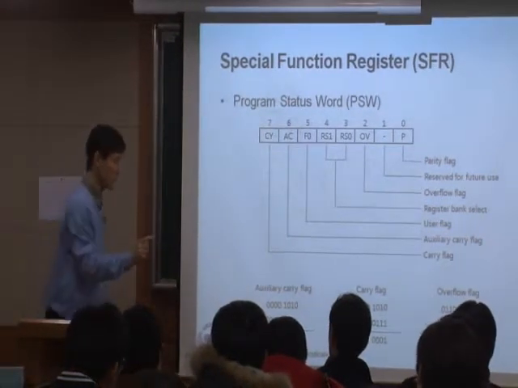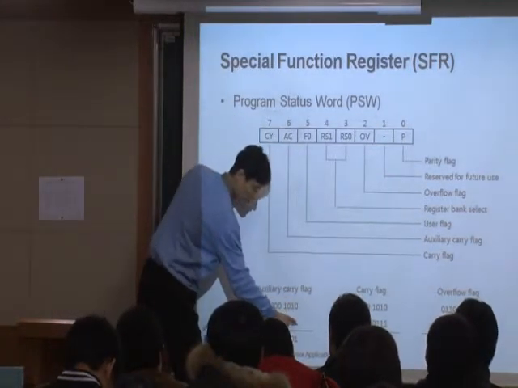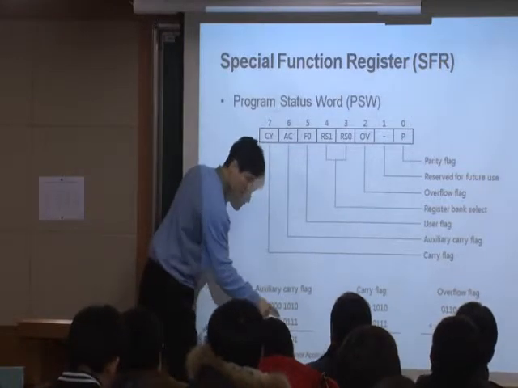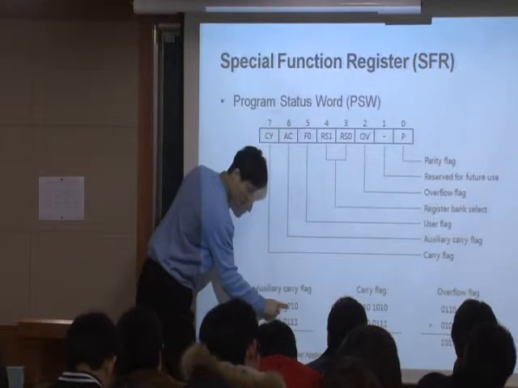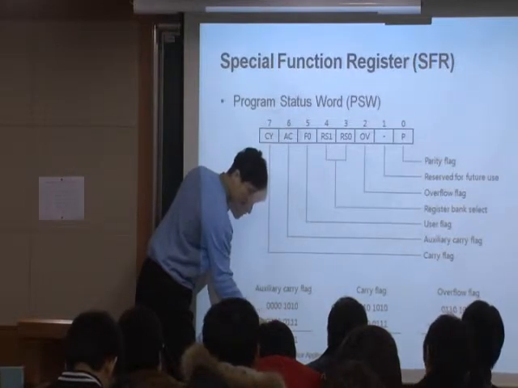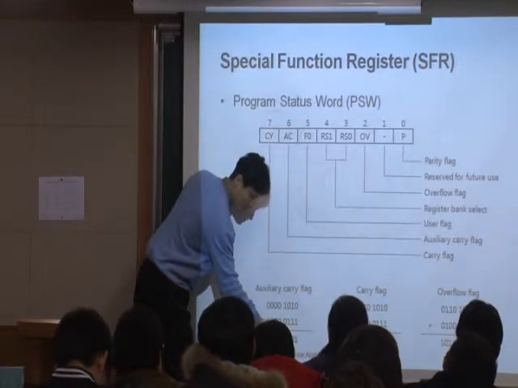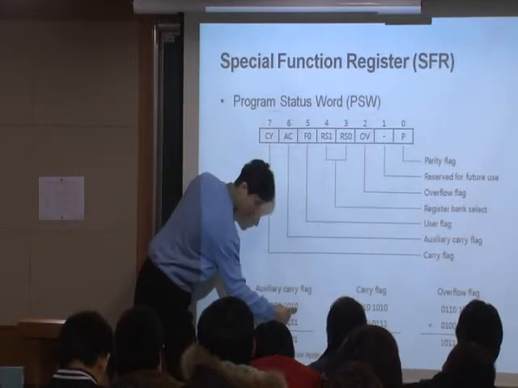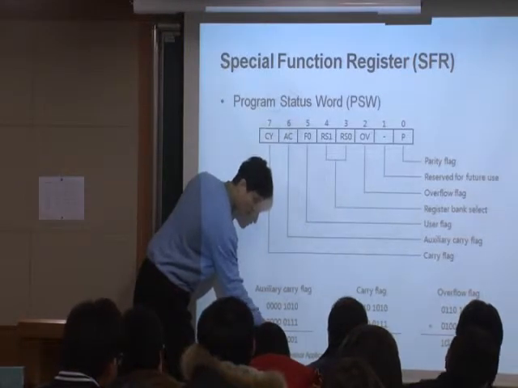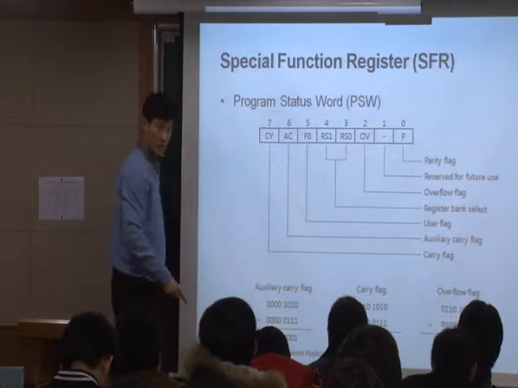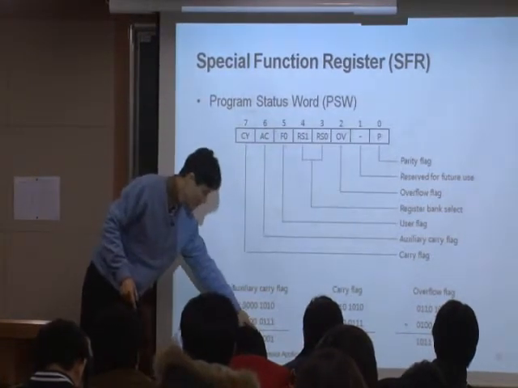The only difference is that the auxiliary carry flag is on when you add 4 bits and the result becomes 5 bits. So there's 1 bit going from this bit to that bit.